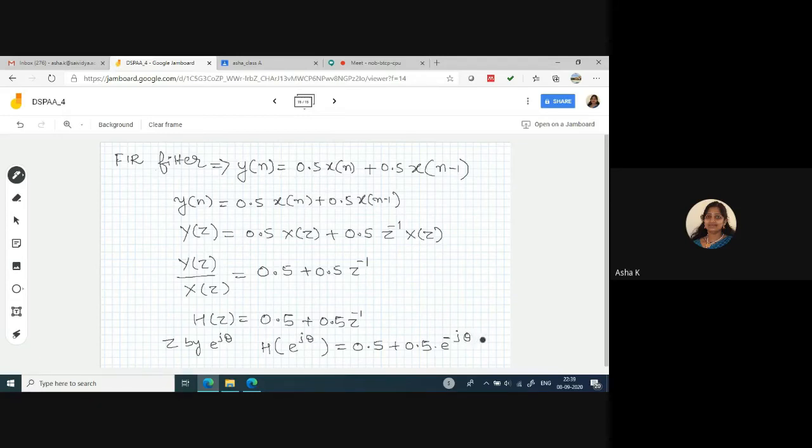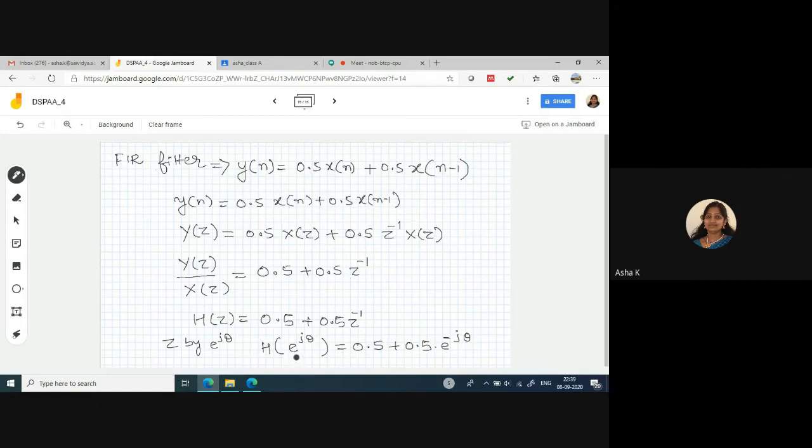Now we are going to further elaborate this equation and try to find out the magnitude response and the phase response.